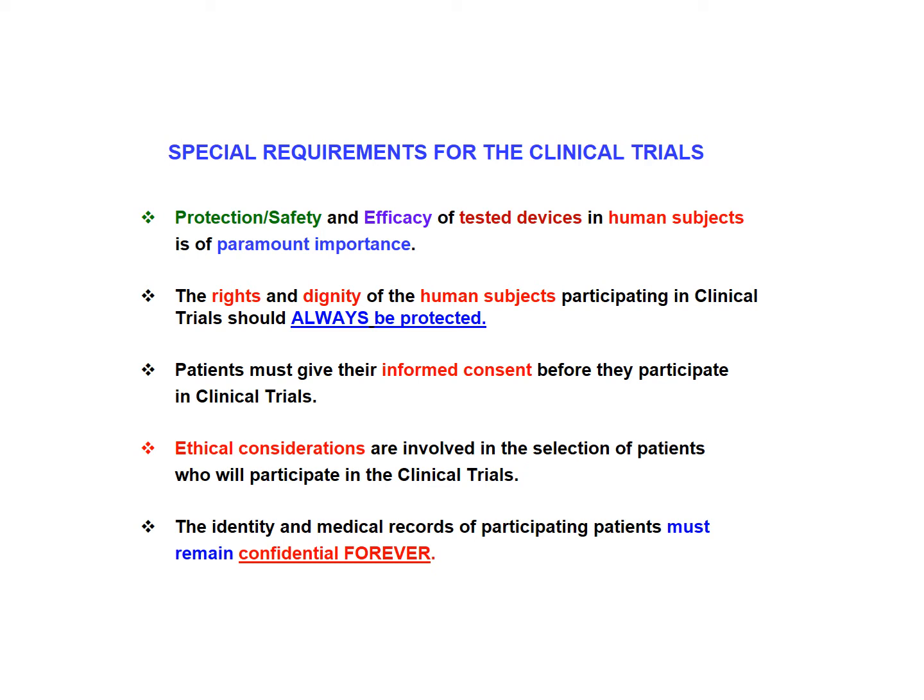Each participating patient usually is given a number, and therefore that's how that particular patient is referred to in all aspects of the clinical trials. Another way things are done in that respect, in order to protect the confidential aspect, is the following.